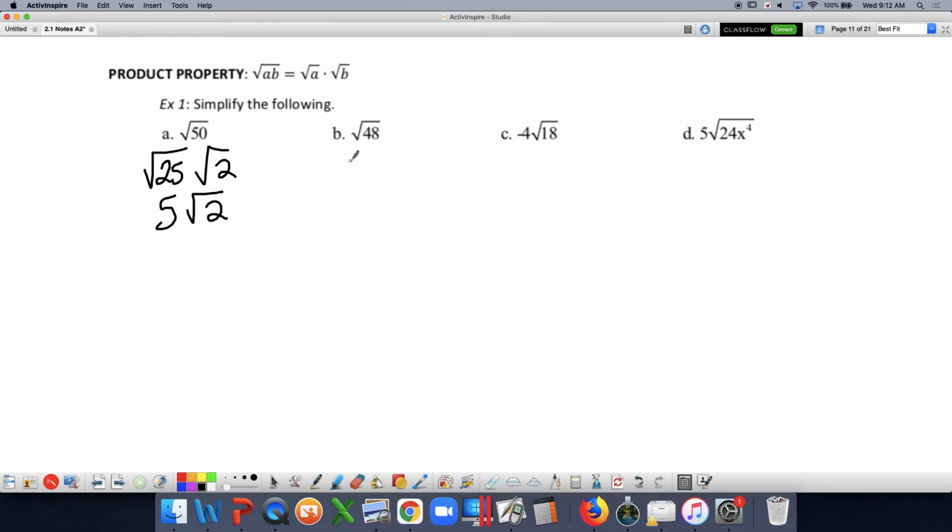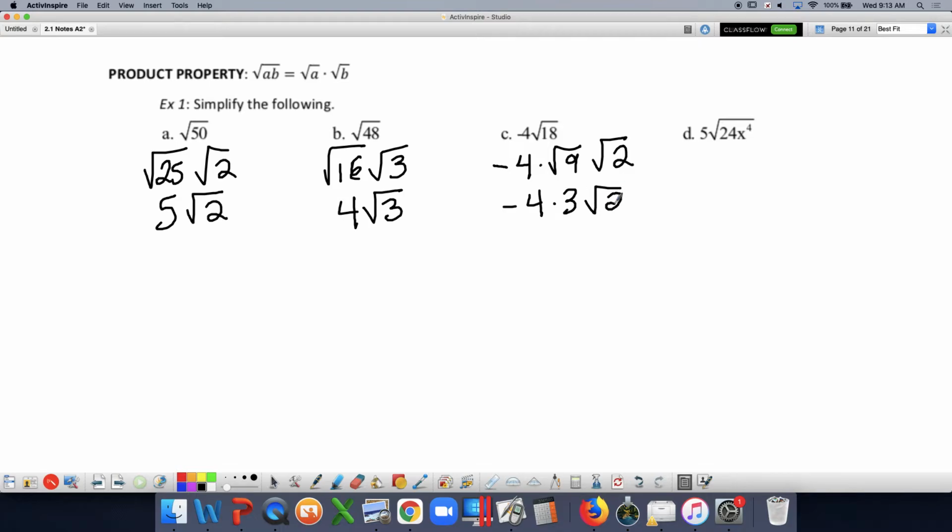No, 16. Wait, what the heck? 10 to the square root of 6x. Will, did you see? Yeah, I saw it.